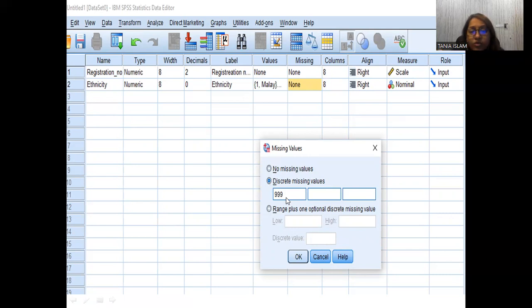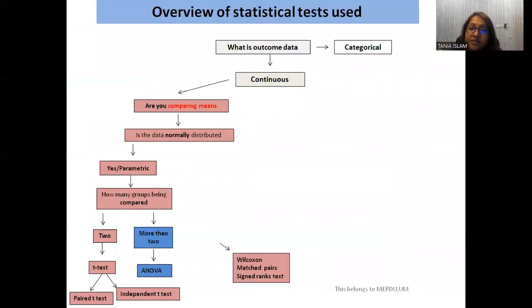So when you go to the data, if you put 999 for anyone's information, SPSS will take it, for ethnicity here, as a missing value, and for some advanced purposes, it will take it out. Okay. So this missing value is very helpful.